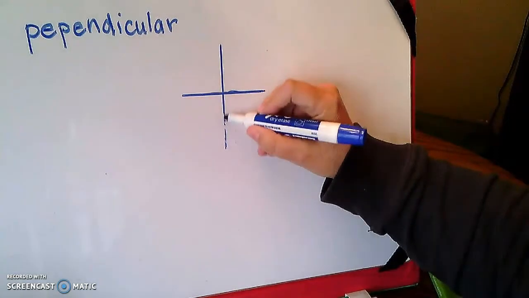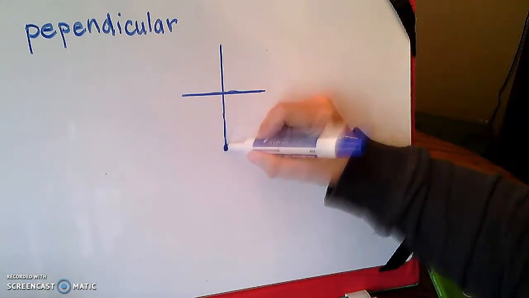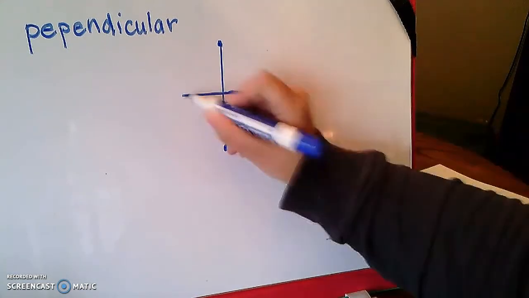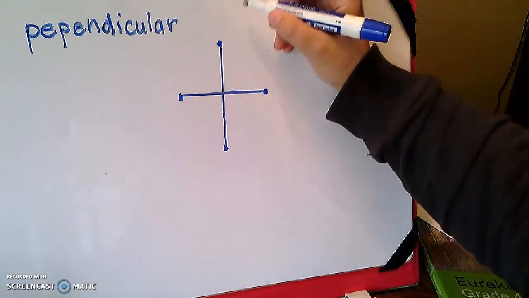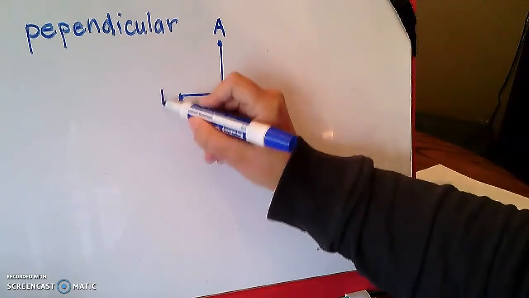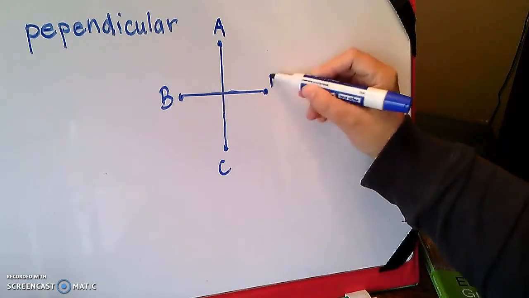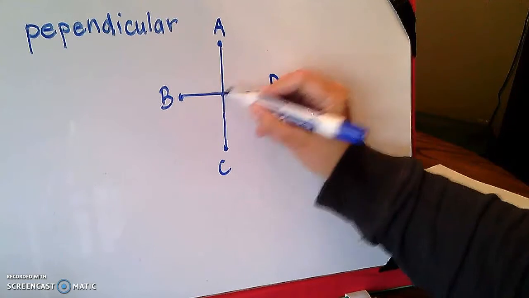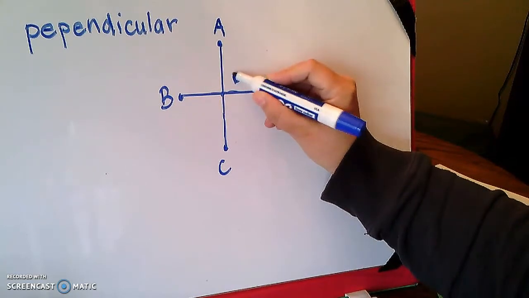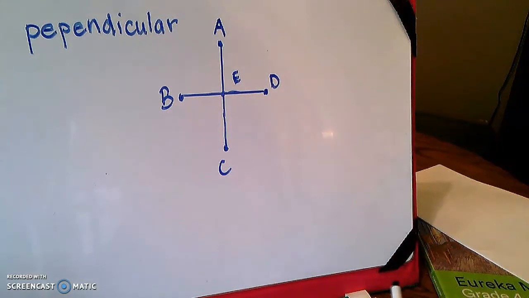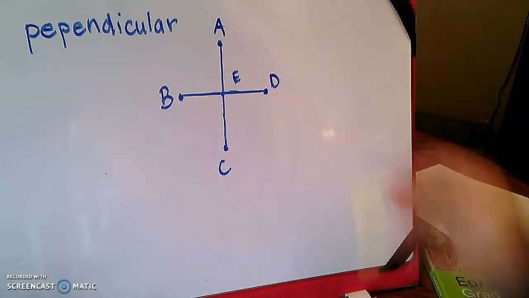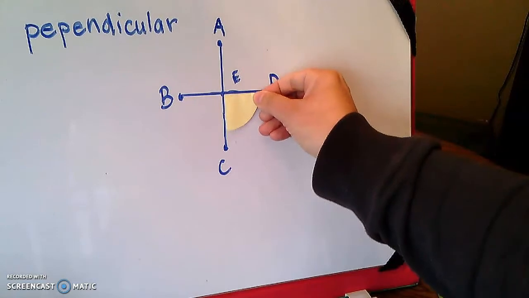I'm going to label the points of my line segments A, B, C, D, and I'm going to label the point where they intersect E. All right, now these lines do intersect. They do cross one another, but they intersect at a very specific type of angle.